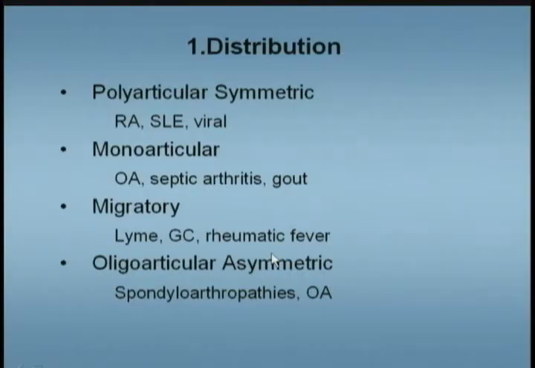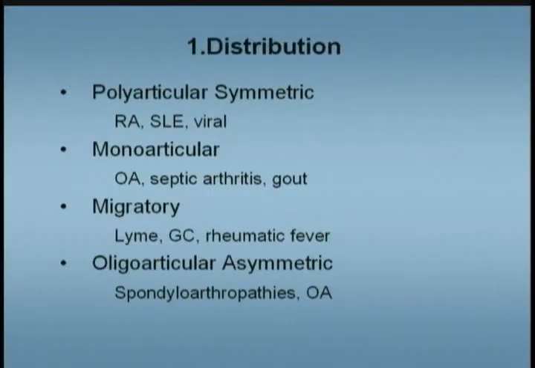And then the third cause of migratory arthropathy is rheumatic fever. We could see that, but it's not that common in this country. But rheumatic fever, every time we say it's gone, then we get a new outbreak somewhere. It's uncommon in this country. It's not the first thing I would think about, but definitely think about it if you don't have Lyme disease or GC and you have migratory arthropathy.